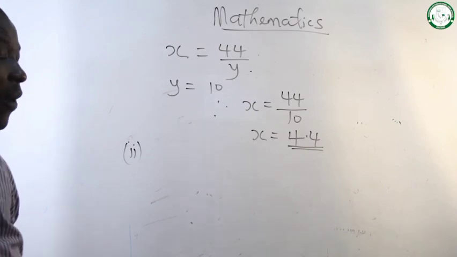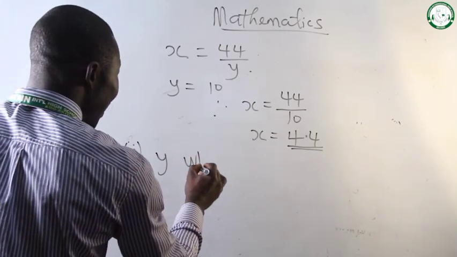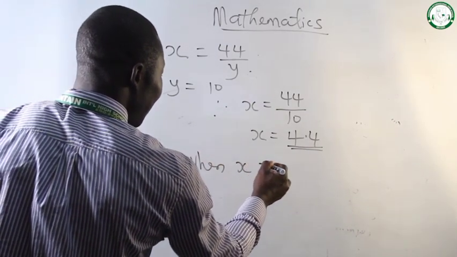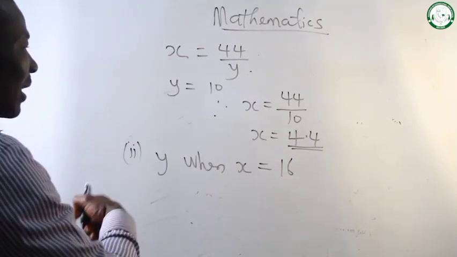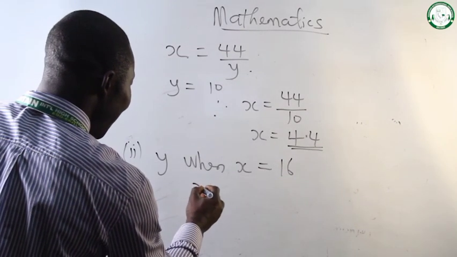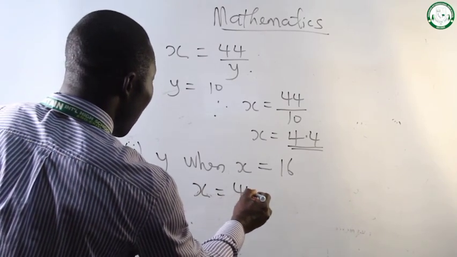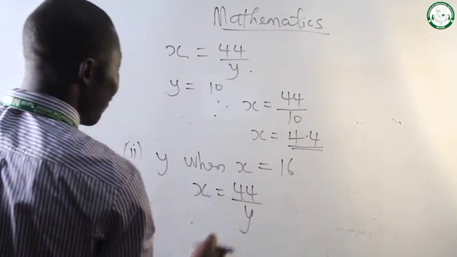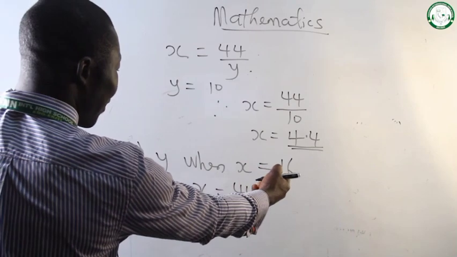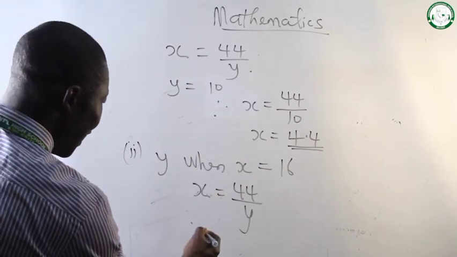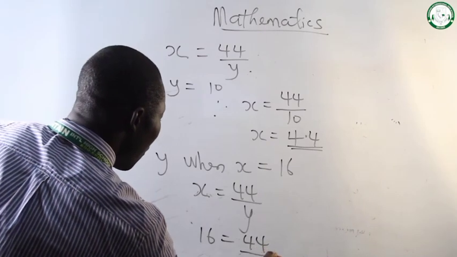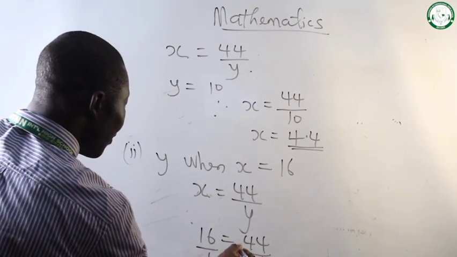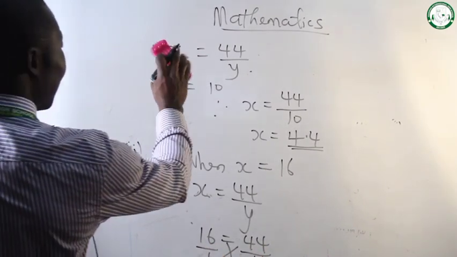The second question there, we have question number 2. We're asked to look for y when x equals 16. Don't forget our original equation, which says x equals 44 over y. Our x this time around is equal to 16. It means we're having 16 equals 44 over y, and we'll cross multiply.